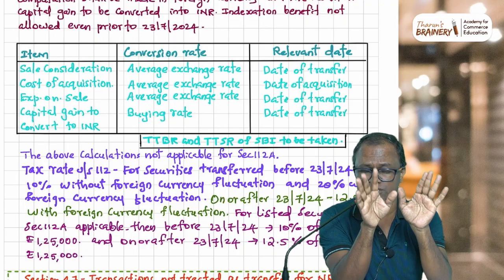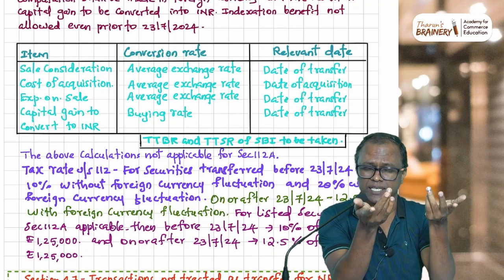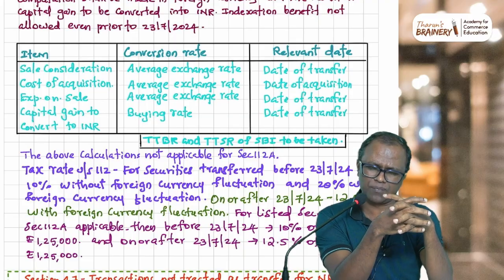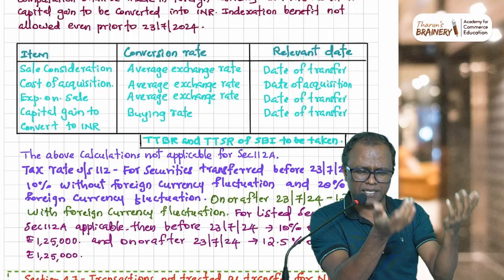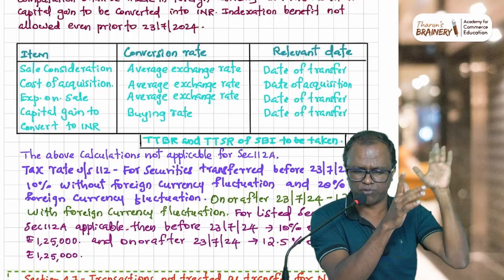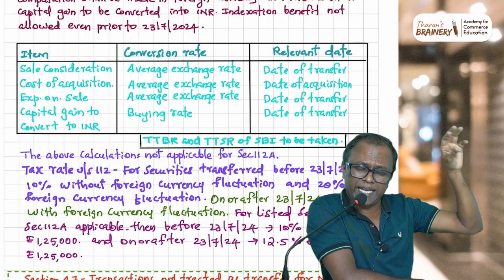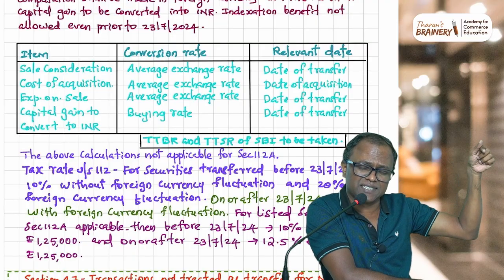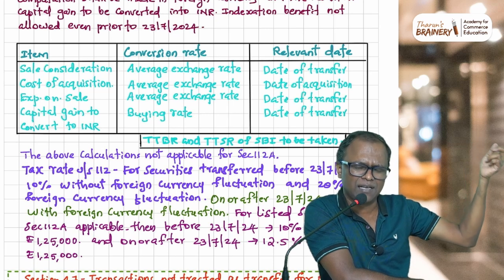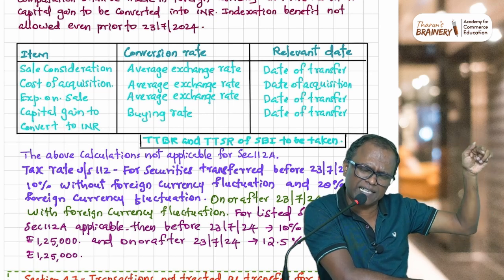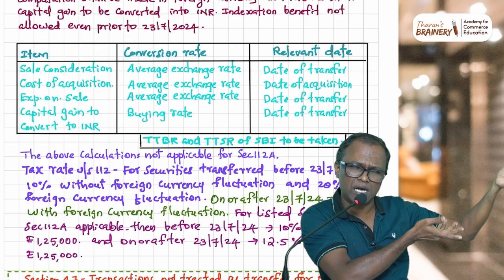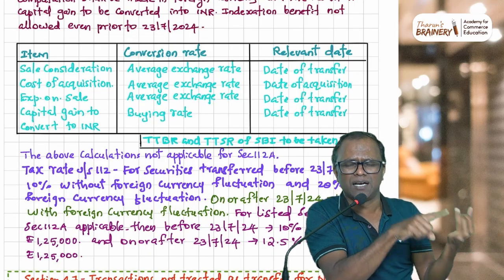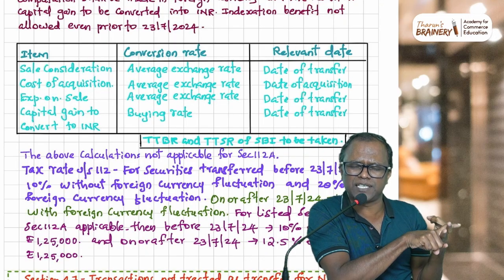Profit on sale of an asset situated in India, even if it is transferred outside India by a non-resident to another non-resident, is still taxable in India because the asset is located in India. As part of that, they created another explanation because of that famous Vodafone case. Shares of a foreign company are held by a non-resident, and that non-resident transfers those foreign company shares to another non-resident outside India. Then why is India concerned? It is a foreign company's shares, and the transferor is non-resident and the transferee is also non-resident.